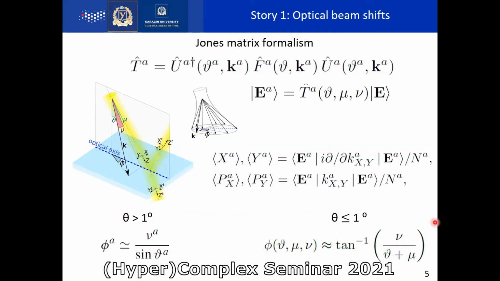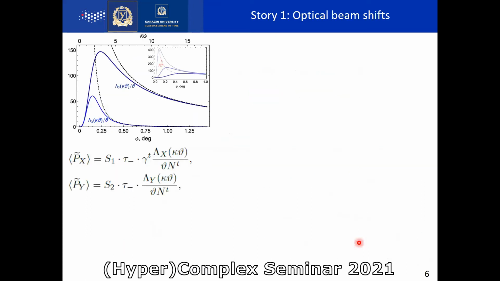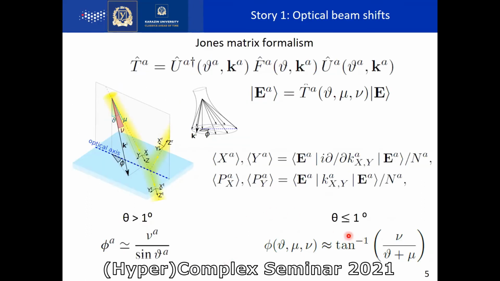But of course, for some cases, exactly when the angular divergence of the beam becomes comparable with the angle of incidence, we should follow this formula. And the Berry phase in this case is defined exactly following this formula.